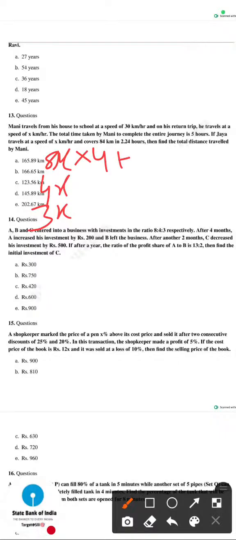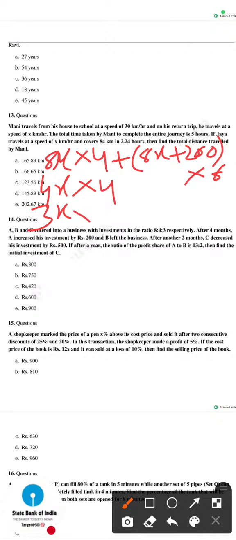So it becomes 8x plus 200. So 4 months completed means there will be extra 8 months, and B left the business after 4 months. So it is for 4 months.